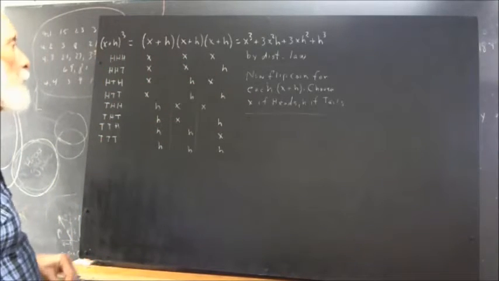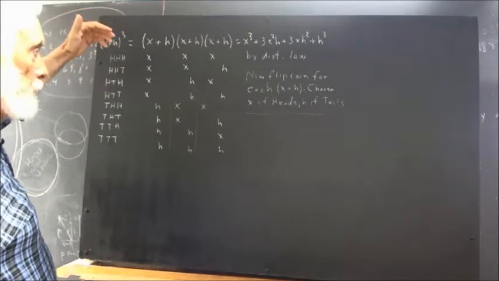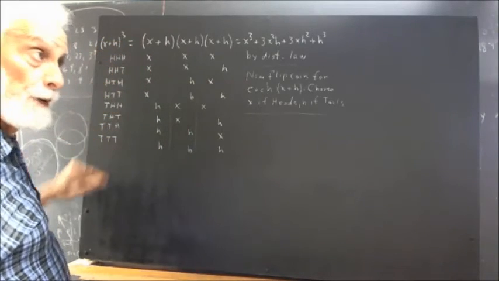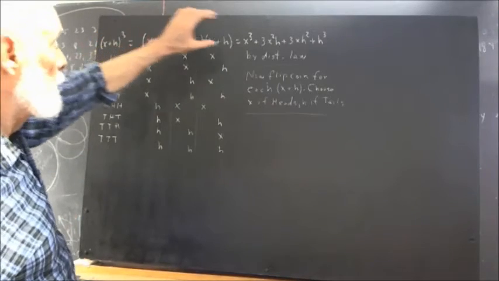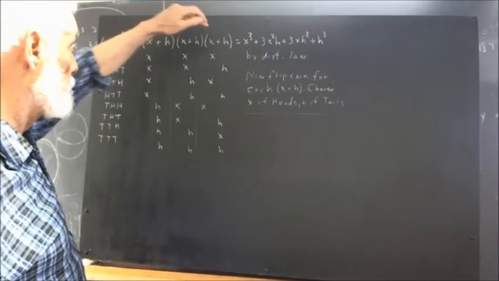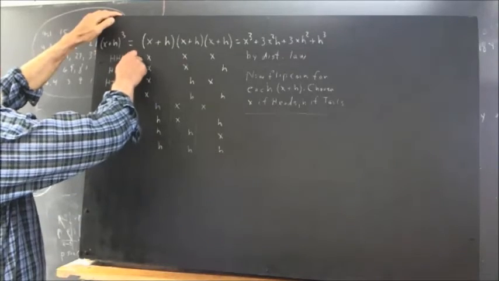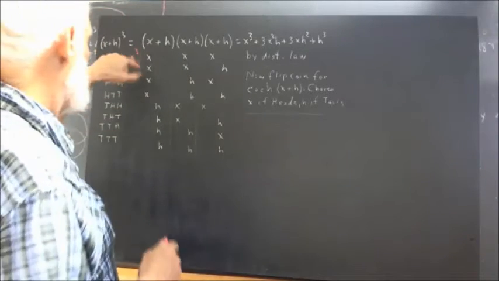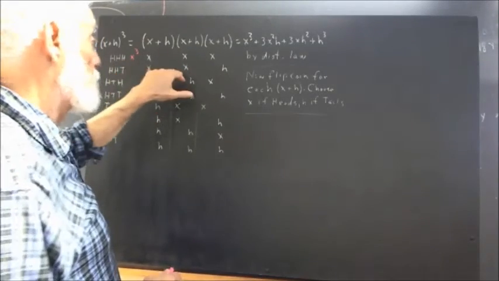So the result is going to be the sum of what we get from all 8 possible choices. And of course, since we're multiplying the binomials, if we choose x out of each one, we're going to get x times x times x, and that's x cubed. Then heads, heads, tails gives us x, x, h, that's x squared times h.